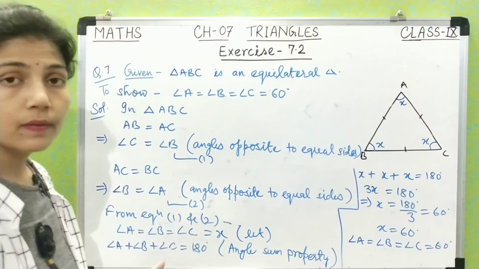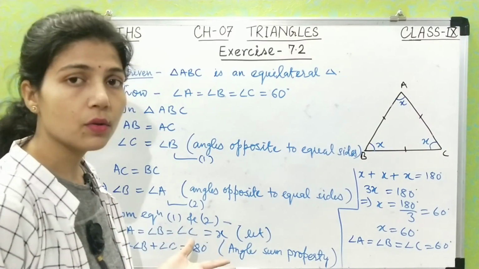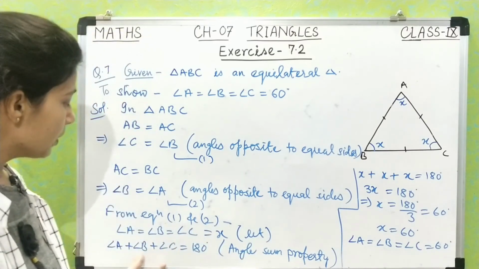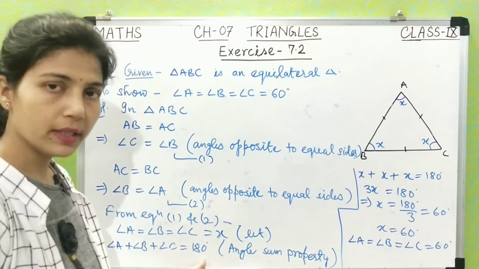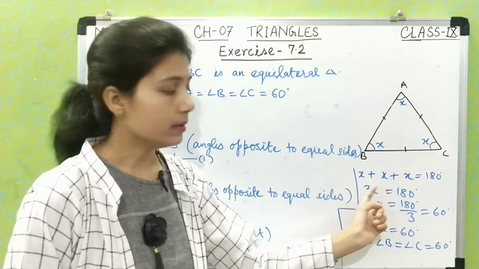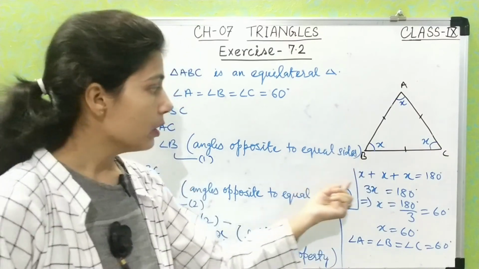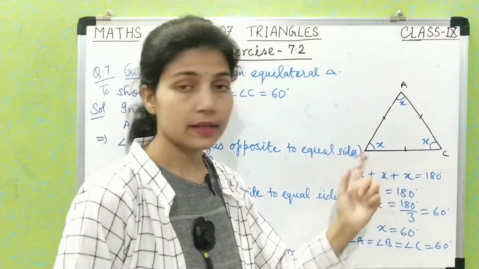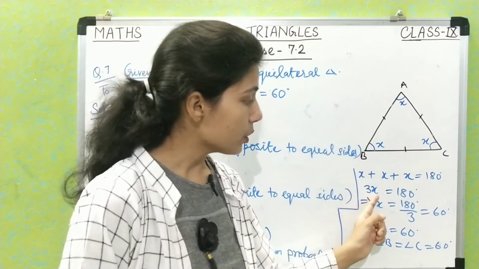Now we know that the sum of all the three angles of a triangle is 180, so angle A plus angle B plus angle C equals 180. In place of all the angles we have taken the variable that we have let. So x plus x plus x equals 180. Here the x is 3 times, so 3 times x equals 180.